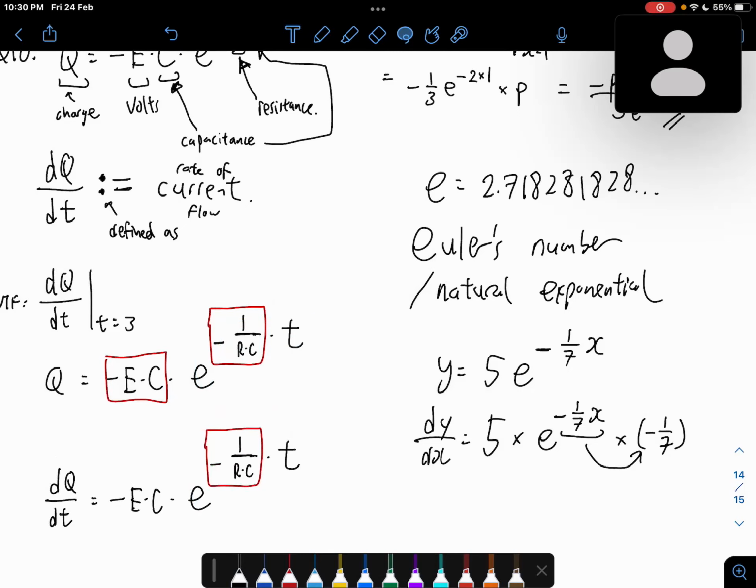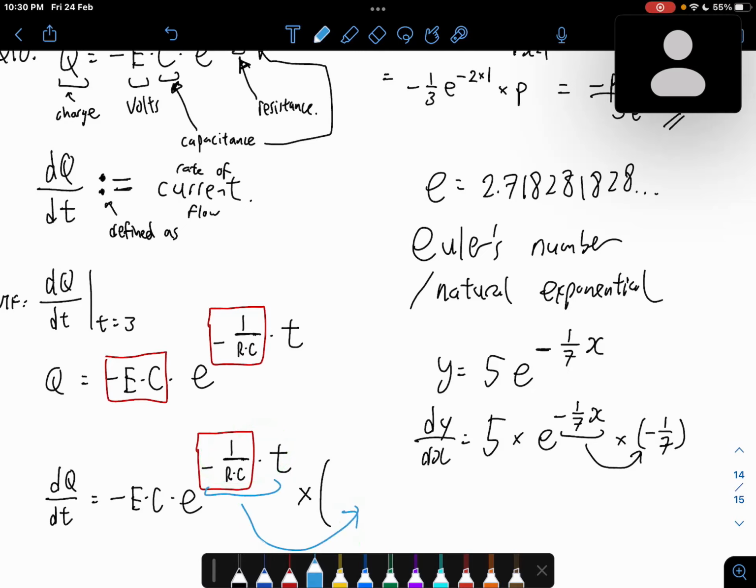And then you multiply by the derivative of this, because of chain rule. What is it? Constant times t. Minus 1 over r times c. Then the t just gives 1.